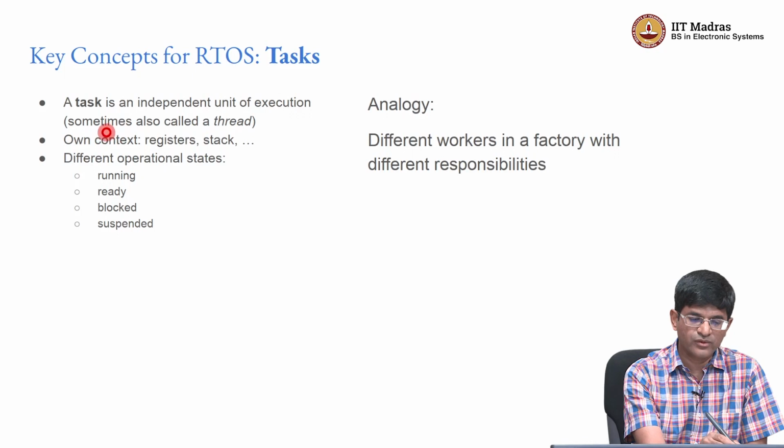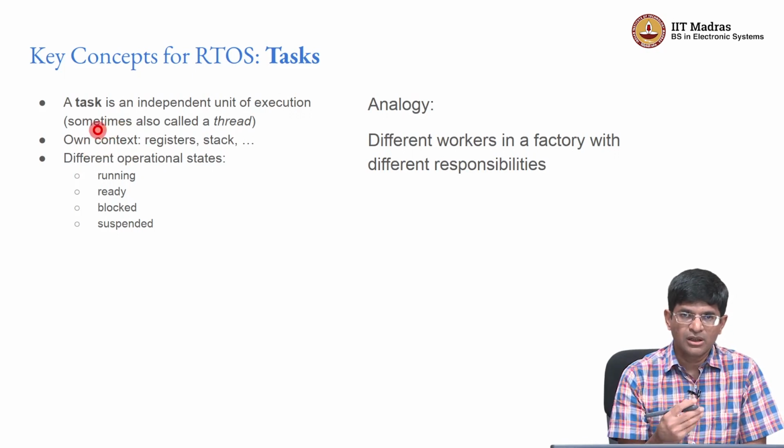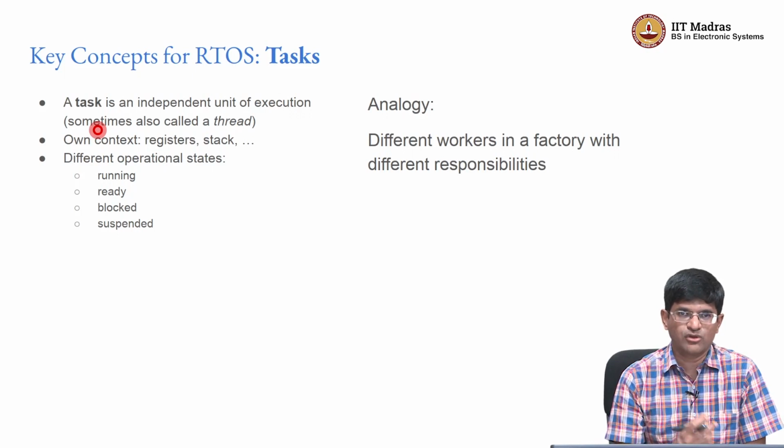In other words, the term that is usually used is its own context, right? So the word context here and state in general have very similar meanings. It basically means what do I need to know in order to understand clearly what exactly a particular function, task, or some part of my operating system is working on at the moment.